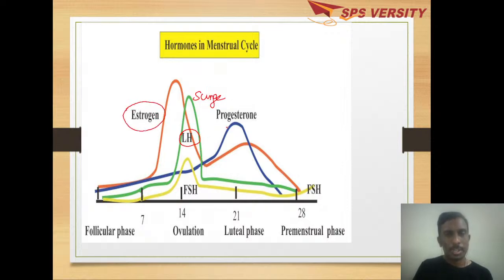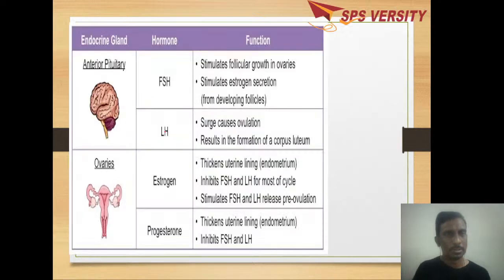After ovulation, the progesterone level is high in luteal phase. And in premenstrual phase, that is before menstruation, again all will come to normal. So these are different hormone levels during the menstrual cycle.